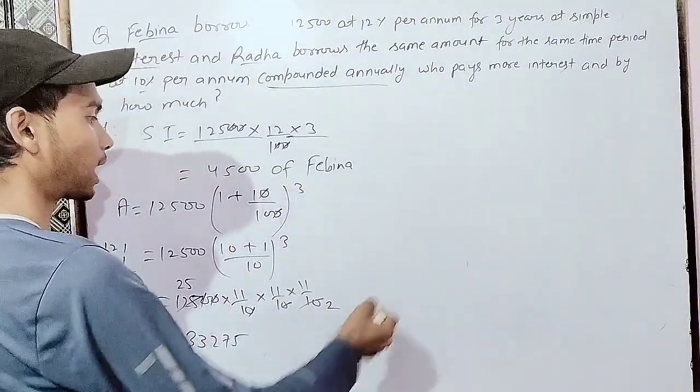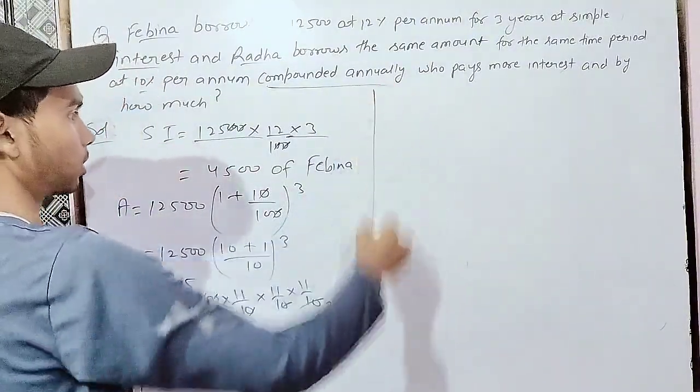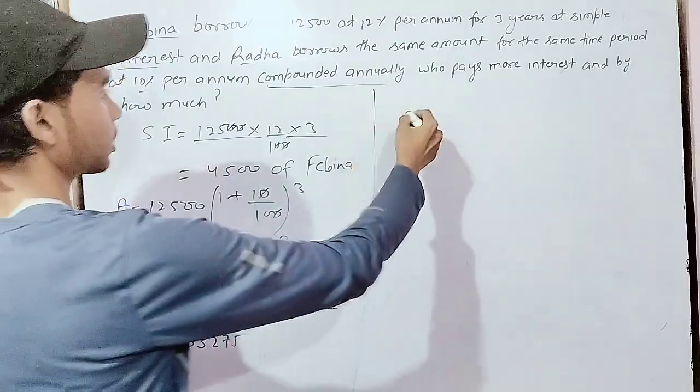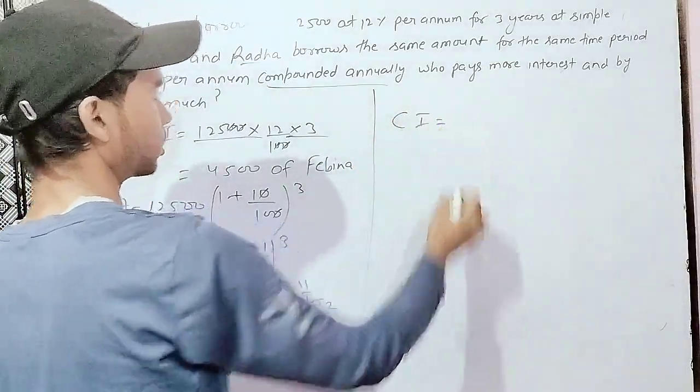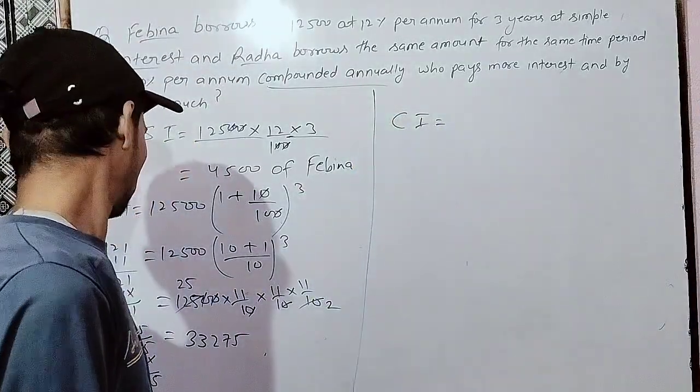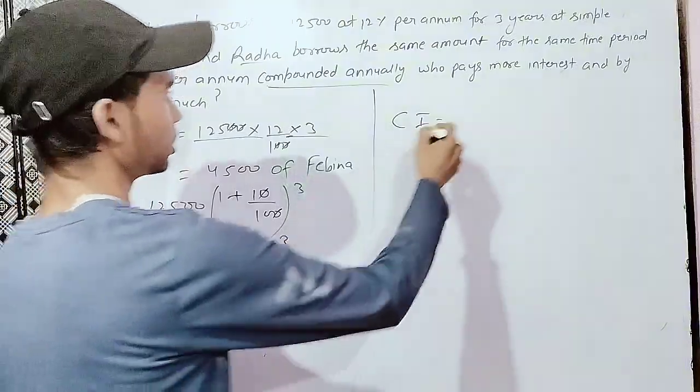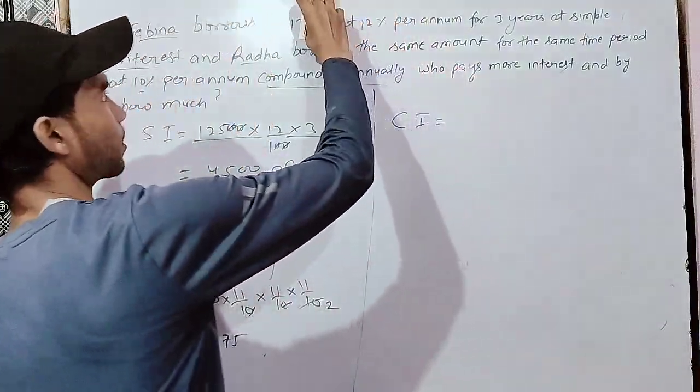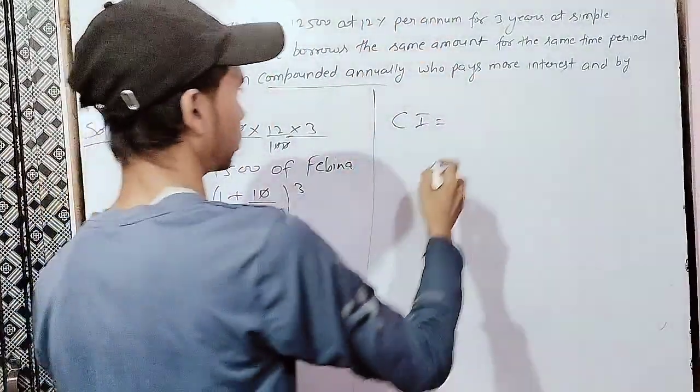From here, compound interest can be calculated for this girl. Compound interest will come how? This is the total. Principal will be subtracted from the total amount.